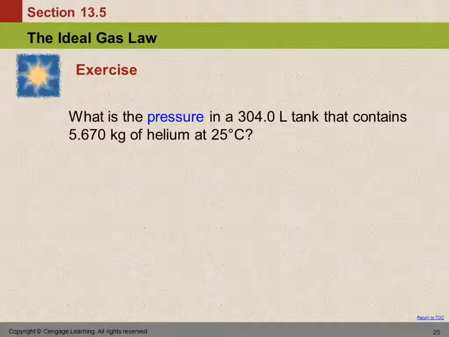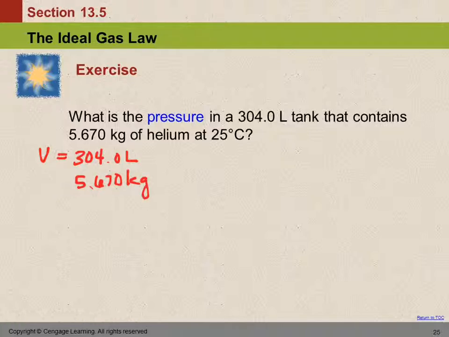And so the pressure, so you could make a table, and that would be fine. I'm just going to show you another way. You can say, okay, well, we've got 304.0 liters. Liter is a unit of volume, so that must be V. And the next number is 5.670 kilograms.